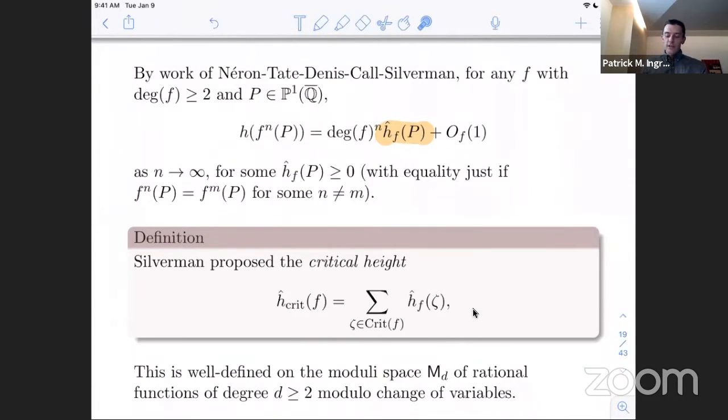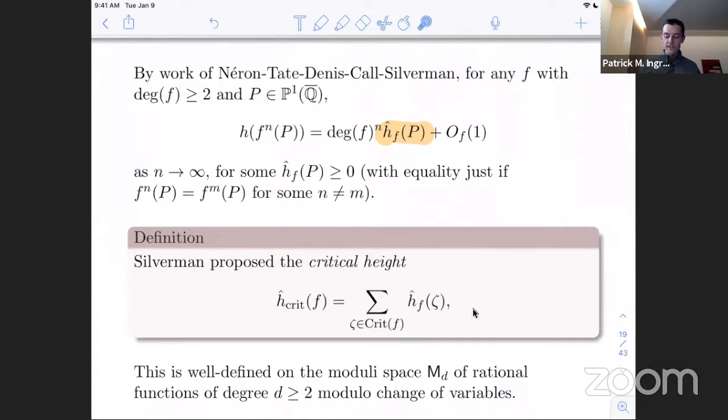So at a conference in 2010, maybe March of 2010, so very close to exactly 10 years ago, Joe Silverman proposed this critical height of F, measuring the sort of dynamical complexity of F in general, not with respect to a particular point, by summing the canonical height evaluated at all the critical points.